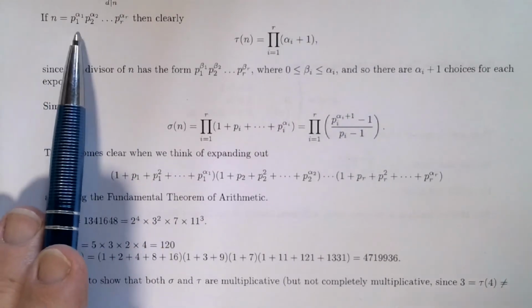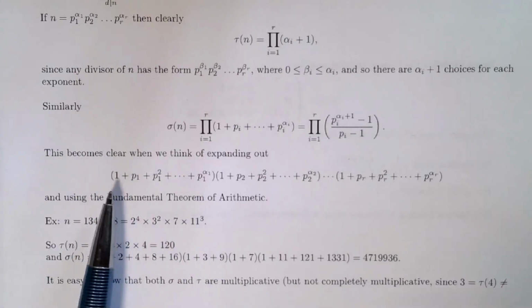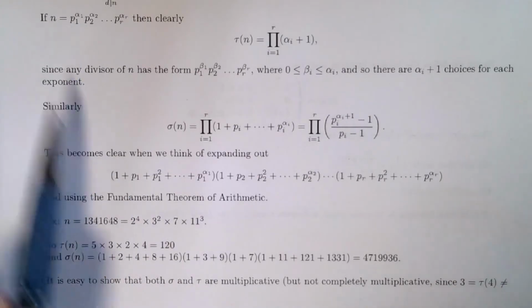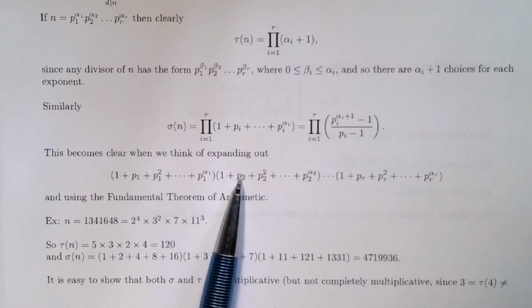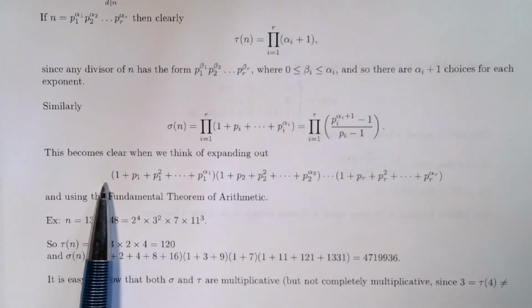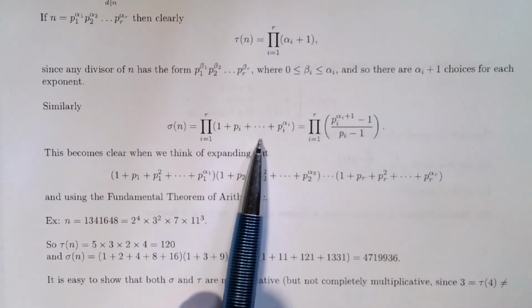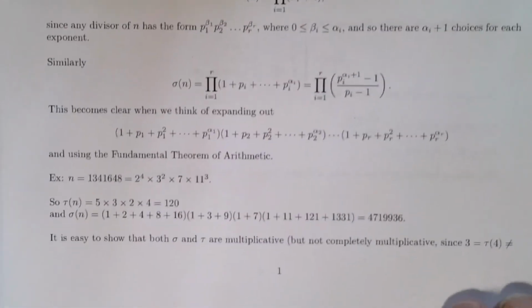So every factor is going to consist of a product of primes, where you take some power of p1 from this bracket, possibly 0, some power of p2 from that bracket, and so on. And that of course means you've added up all the factors of n, and that's exactly what this says here. So this follows from the fundamental theorem of arithmetic.